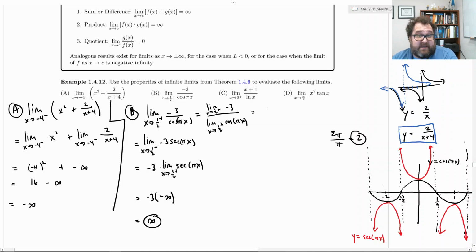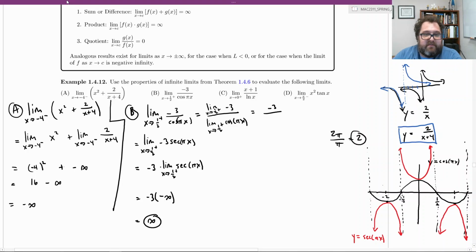The top is a constant function, so the limit's -3. Now let's think about this. This time we're looking at cosine. So this is the black curve down here. What does cosine look like if we approach 1/2 from the right? It's like right here. Let me get a different color here.